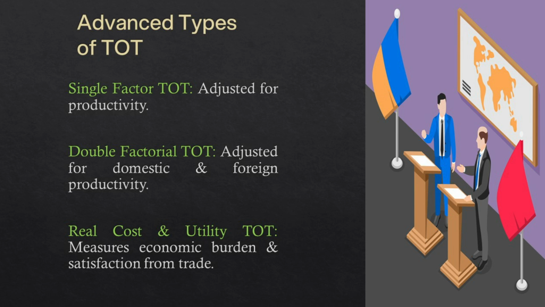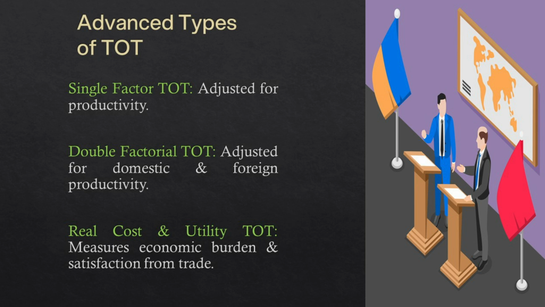Symbolically, TD is equal to TC into ZX divided by ZM, where TD stands for double factor terms of trade, TC stands for net barter terms of trade, ZX stands for productivity index in the domestic export sector, and ZM stands for import productivity index.